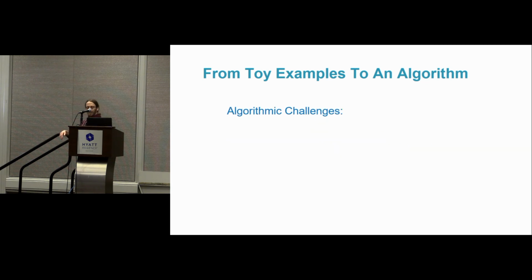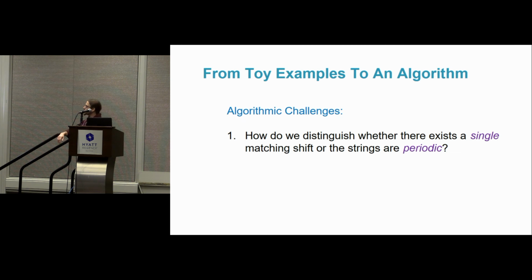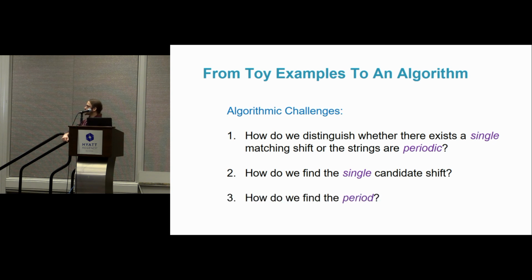Then, of course, we have algorithmic challenges. How do we verify whether we are in the first case or in the second case? If we are in the first case, where there exists only a single candidate shift, how do we find it? If we are in the second case, how do we find the period?